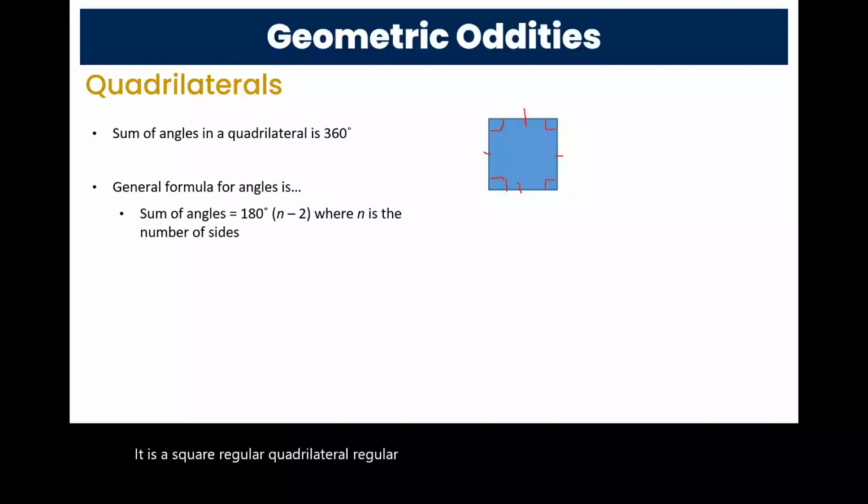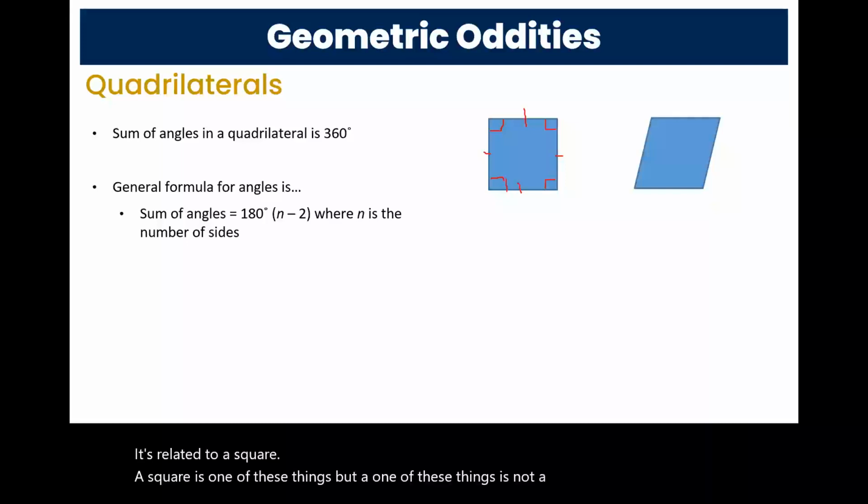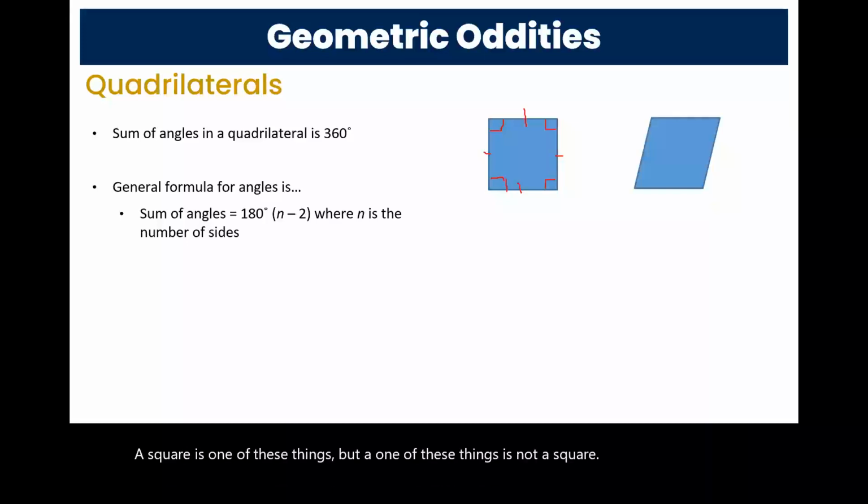A regular quadrilateral is a square. What is this shape? It's related to a square. A square is one of these things, but one of these things is not a square. It is a parallelogram, that is true, and it is also a rhombus.